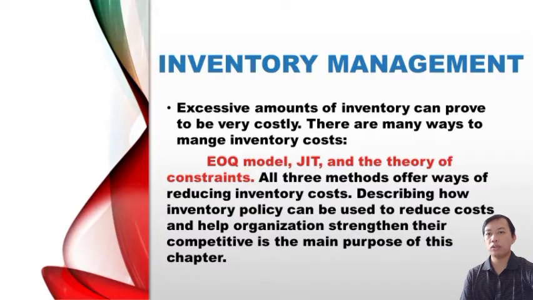We're going to use the EOQ model, the JIT, and the theory of constraints. These three methods offer ways of reducing and managing inventory costs, describing how inventory policy can be used to reduce costs and help organizations strengthen their competitiveness, which is the main purpose of this chapter.